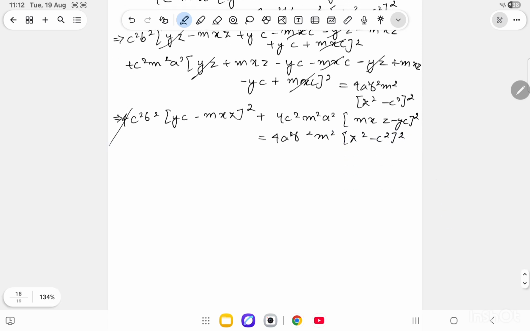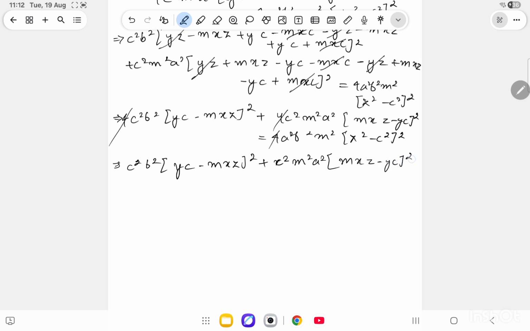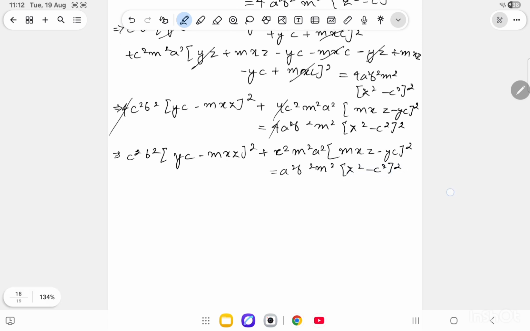We can balance out 4 from both sides. So our locus is c square b square times yc minus mxz, whole square, plus c square m square a square times mxz minus yc square, equals a square b square m square z square minus c square whole square.